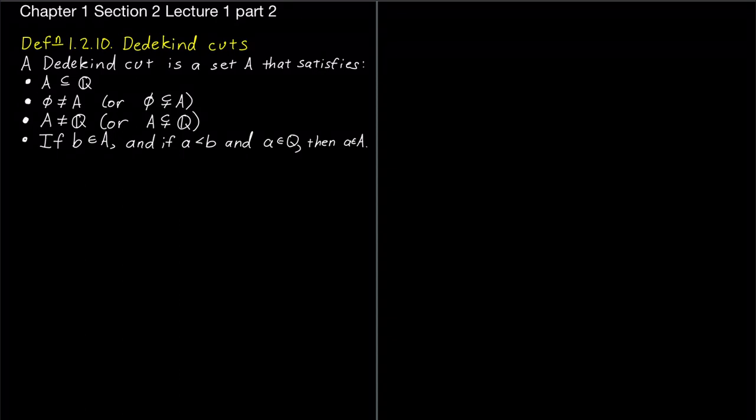So a Dedekind cut is all the rational numbers that are not too small. And then here's the last one, which is kind of tricky.